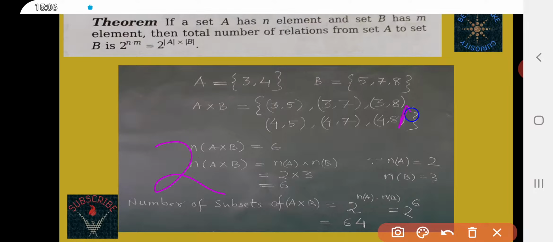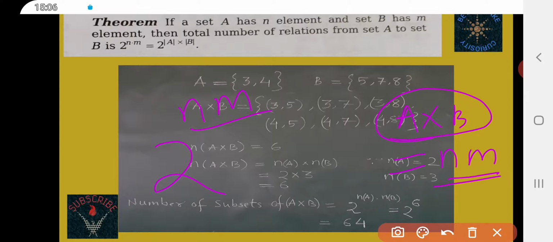in A cross B is equal to what? nm. Yes, nm. So the number of subsets of A cross B is equal to 2 to the power nm, and you know the subsets of A cross B are relations.